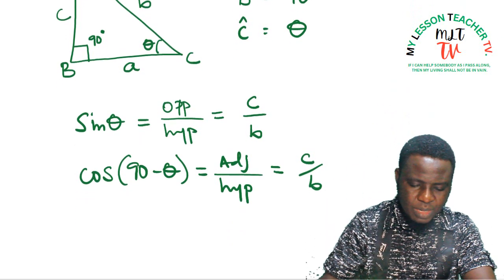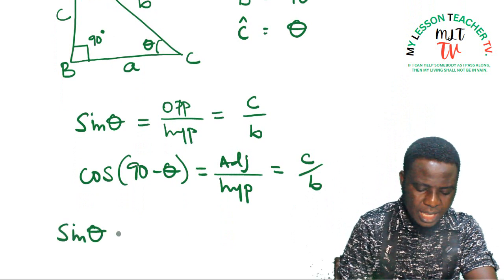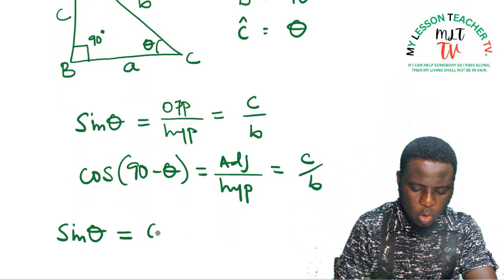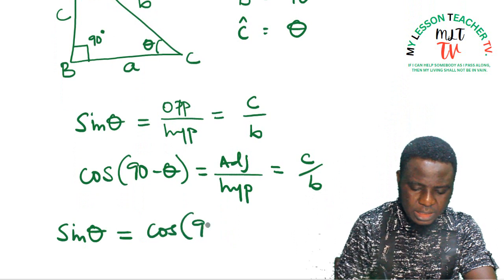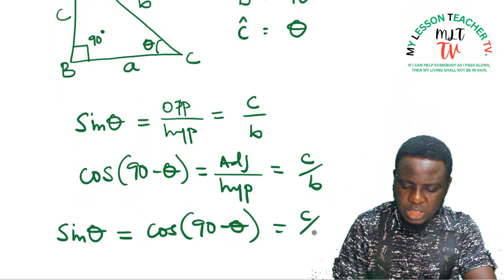So you will agree with me that sine theta is equal to cos 90 minus theta, which is equal to C over B.